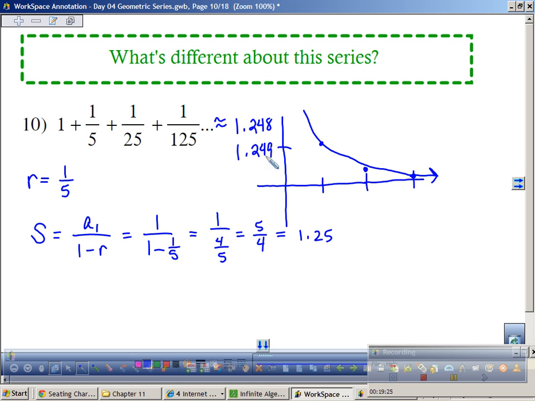See that? The infinite series to this, no matter if you go in this direction infinitely, you're never going to get above 1.25.